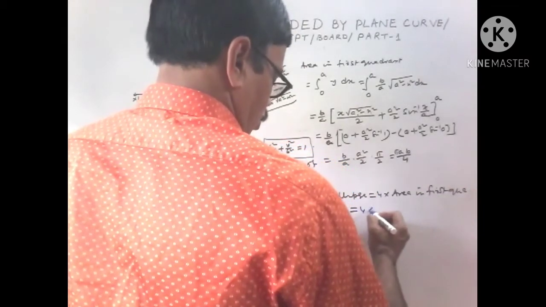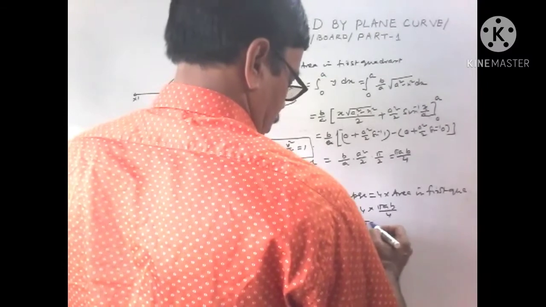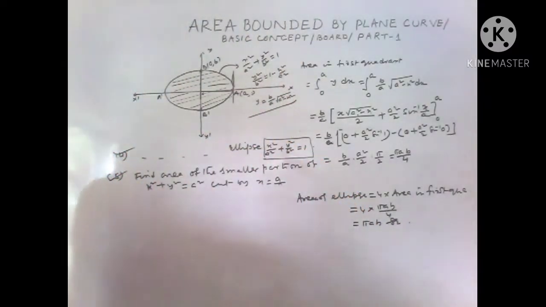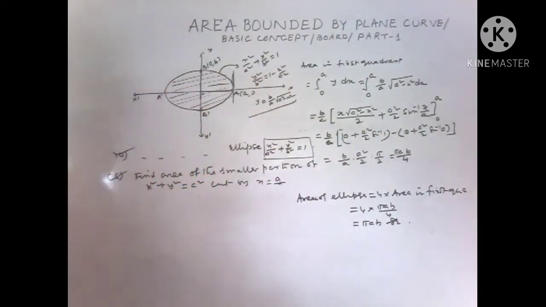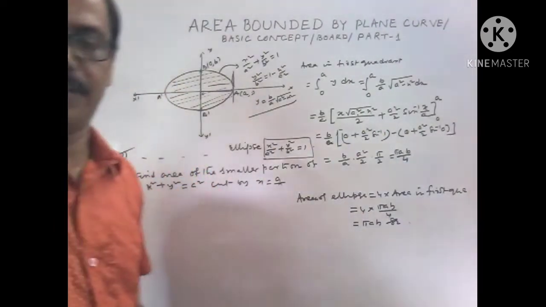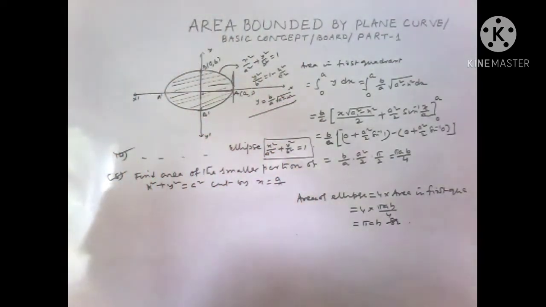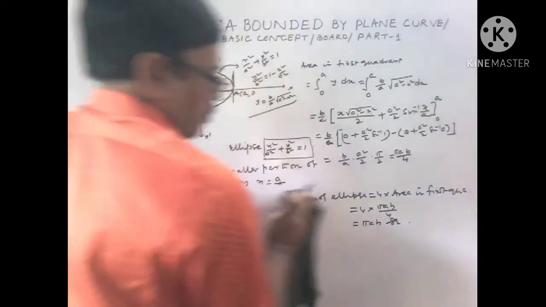So 4 into pi ab by 4. So you recall it. This is pi ab square unit. Now for a circle, b equals to a, so pi a square. It is verified. Now problem number 5.